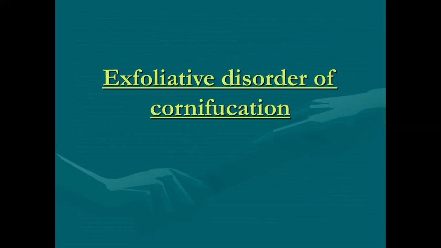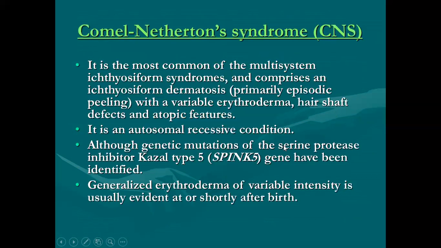The second subgroup of syndromes that is characterized by ichthyosis are those syndromes in which there is not simple ichthyosis, but rather there is exfoliation as well. So these are called exfoliative disorders of cornification. Among these disorders, the first and the most common and important is Comèl-Netherton syndrome, or simply Netherton syndrome.